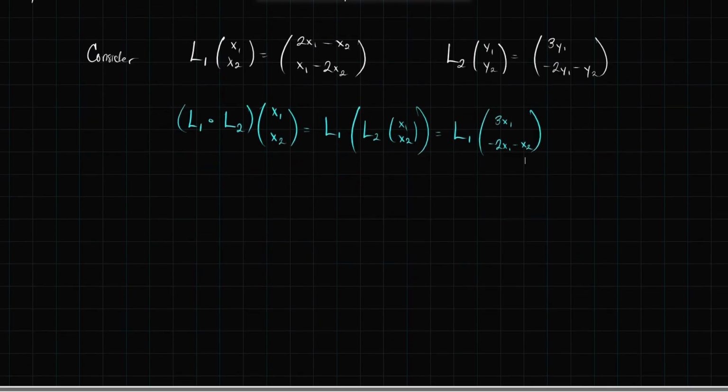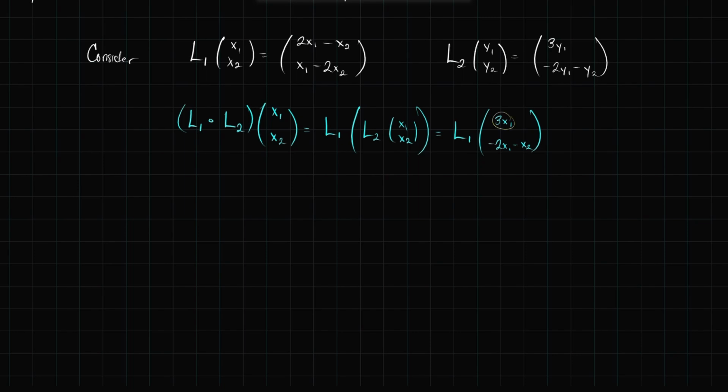And then if I plugged those into L1, what I'm looking at is that goes in for every copy of x1. So both those copies of x1 are going to be considered as 3x1, and this is considered as every copy of x2. Which means that my output here will be 2 times 3x1 minus the bottom, which is negative 2x1 minus x2. Then my second entry is going to be 3x1 minus 2 times the bottom, negative 2x1 minus x2.